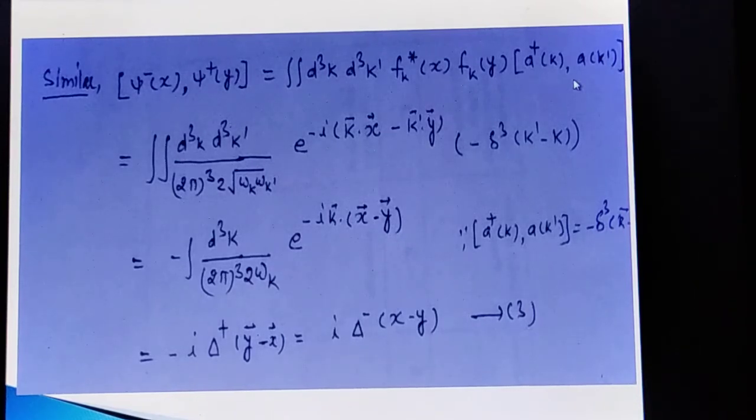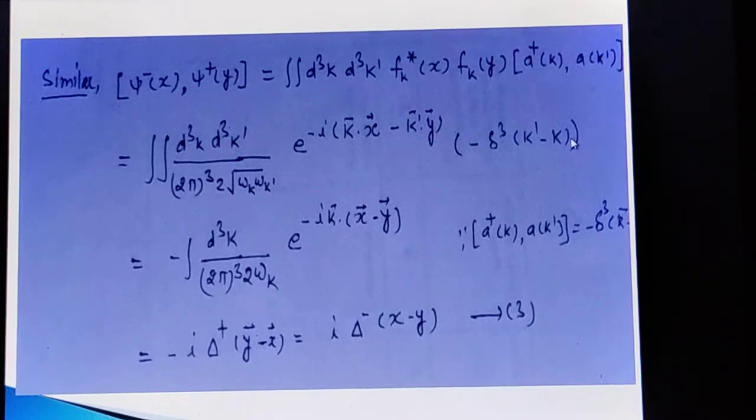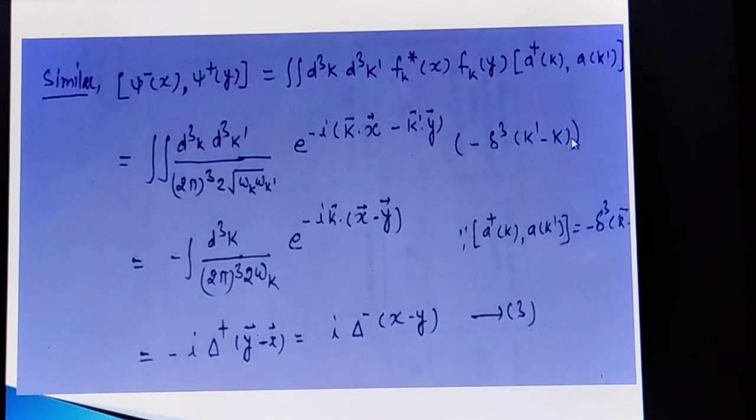If you solve this, because this commutator is equivalent to minus delta of k dash minus k, the value of this commutator will be equivalent to minus the integration of d3k over (2 pi) cube times 2 omega k, times exponential of minus i k (x minus y).